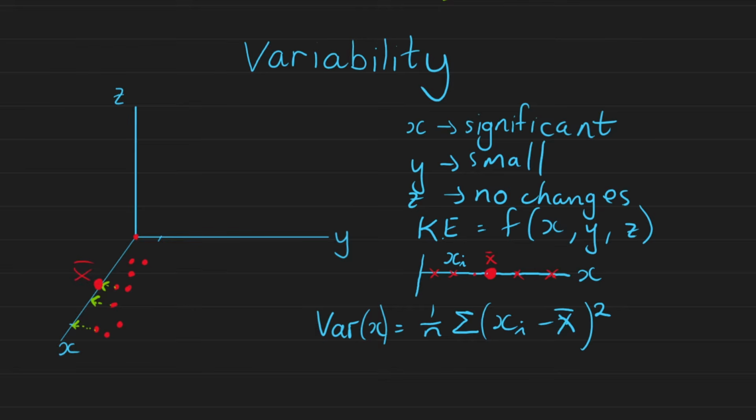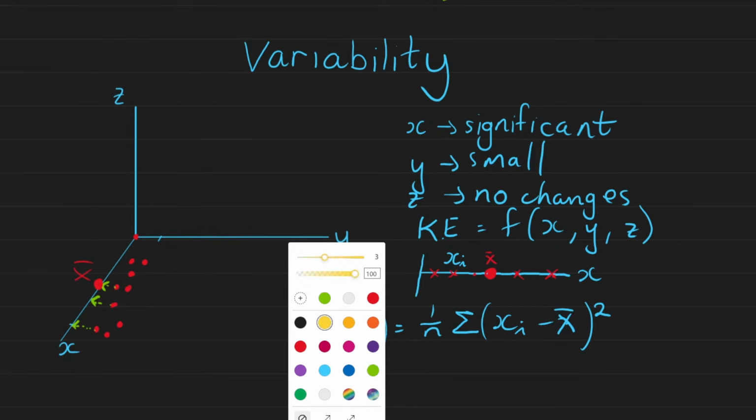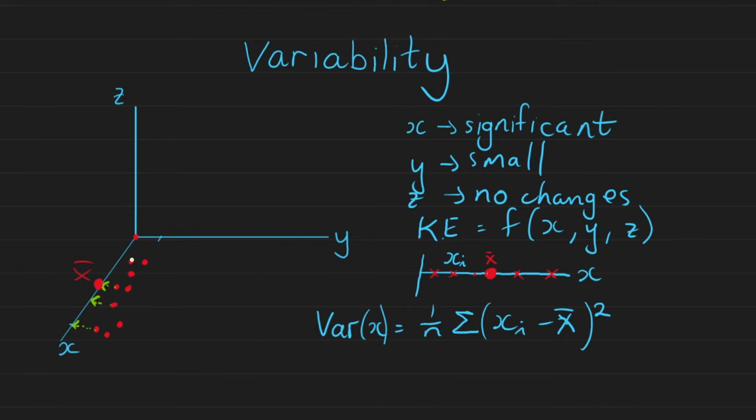Similarly, we can now perhaps project all the points onto the y-axis. Like that. So we can have the y-axis, and perhaps the mean is not in the center as it was in the x-axis, but it's very close to the origin.